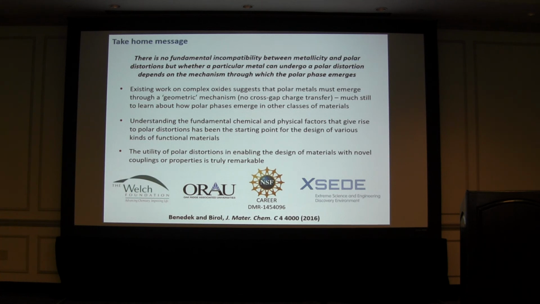Let me add a little bit about this. There is the so-called topological insulator community. They work on a lot of semimetals, and quite a few of those compounds undergo a non-polar to polar transition, and they are semimetals. So in terms of conductivity, it's a beautiful metal, and there are a number of examples.